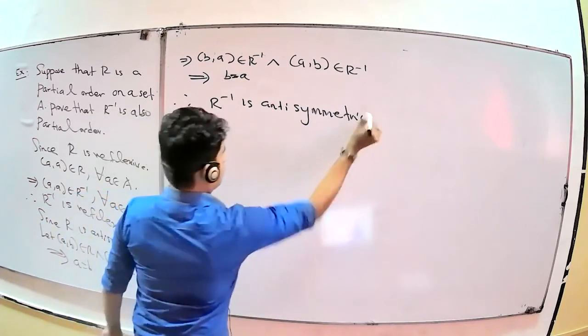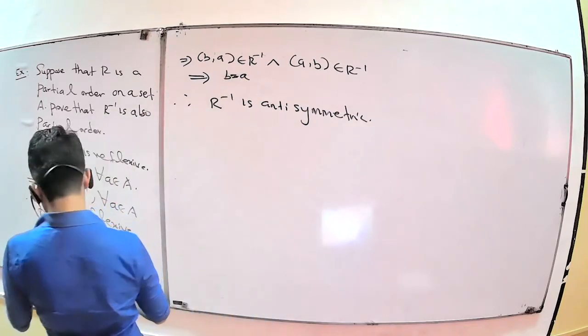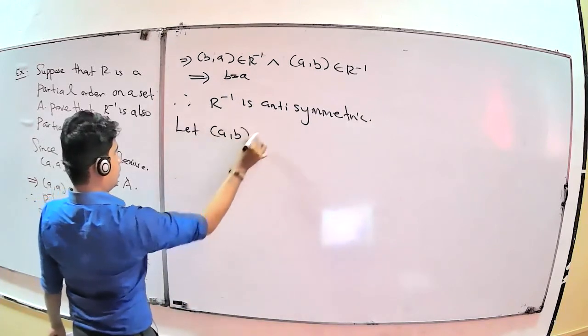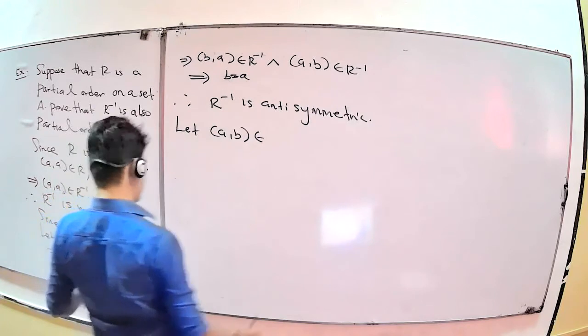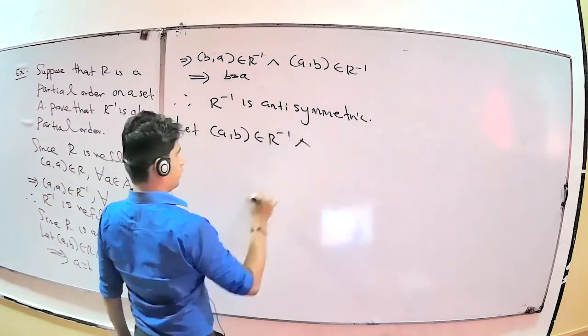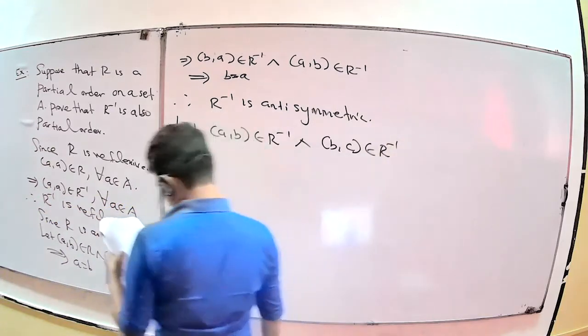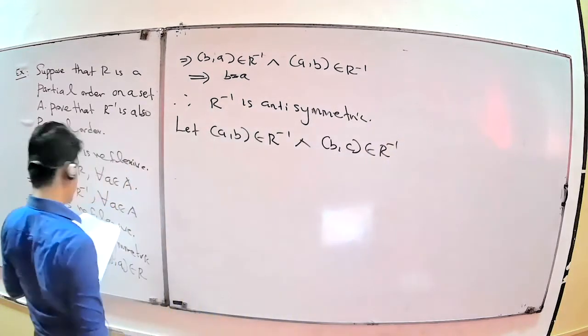Next, for transitive, let (a, b) belong to R inverse and (b, c) belong to R inverse. You want to show that (a, c) also belongs to R inverse.